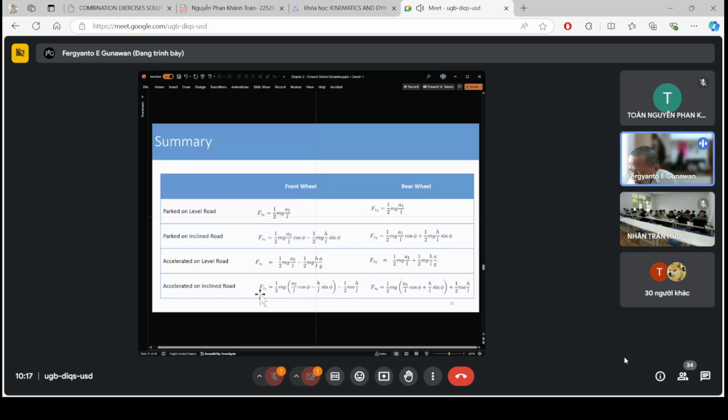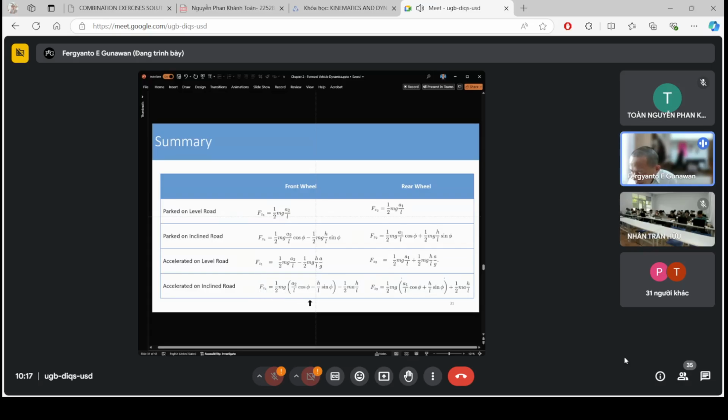Okay, so this equation is much more complete than any of those above equations. For us to obtain the case without acceleration, we can just set this to 0, and we get this back, right? Then if the road is level, we can set this one to 0 and this to 1 and get this one back.